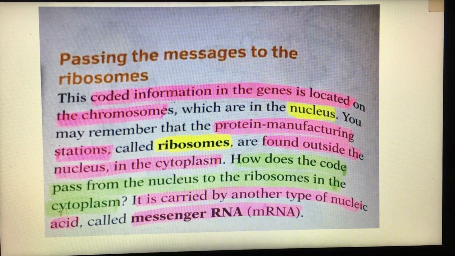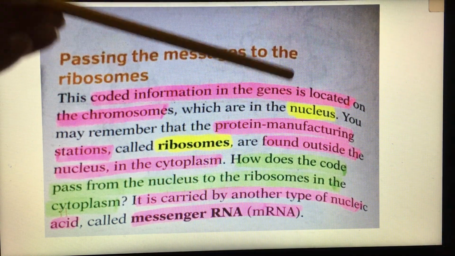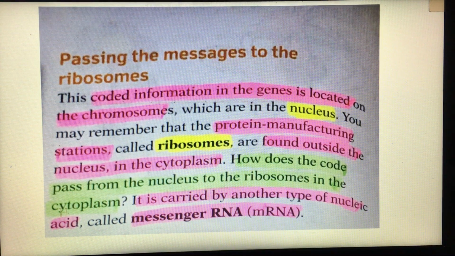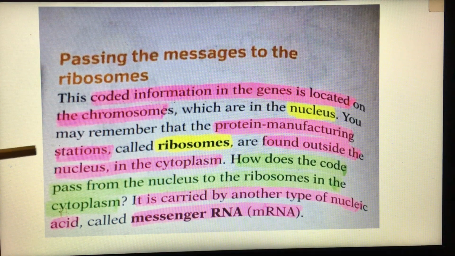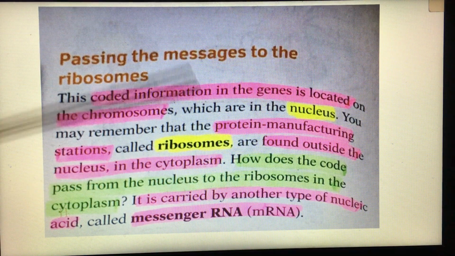Now, passing the messages to the ribosomes. Here, this coded information in the genes is located on the chromosomes. You know that the chromosomes are inside the nucleus. Now, you have to know that ribosomes are protein manufacturing stations, and those ribosomes are found outside the nucleus in the cytoplasm.